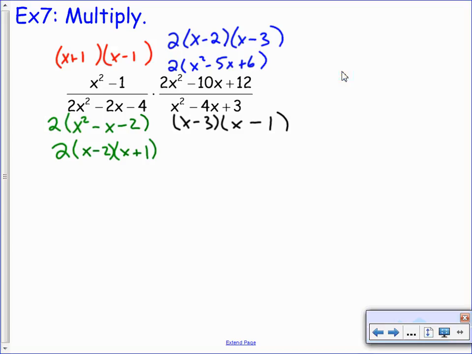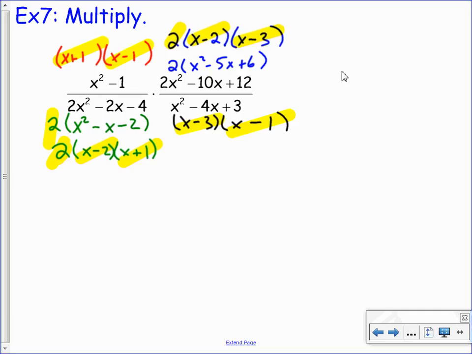X minus 1. There's an x minus 1 here, and there's one over here. X plus 1. There's one at the top, one at the bottom. X minus 2. There's one here and one here. The 2's, and the 3's.